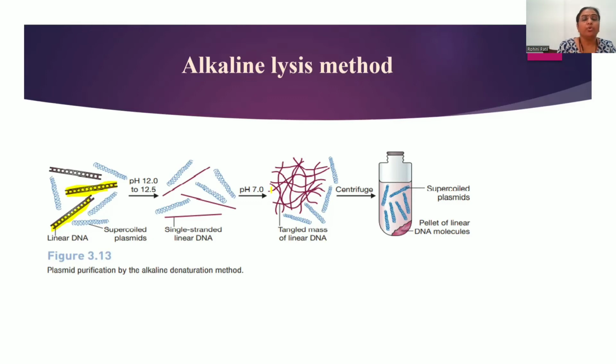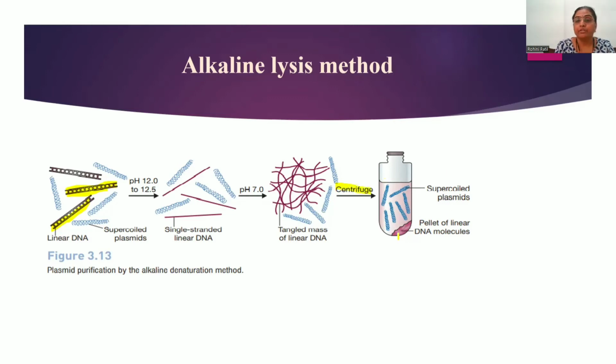This tangled mass gets pelleted out, and the impurities like carbohydrates, lipids and proteins also settle out when the next step, centrifugation, is done.